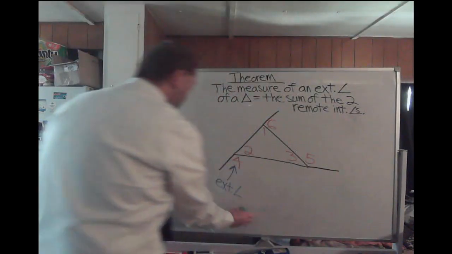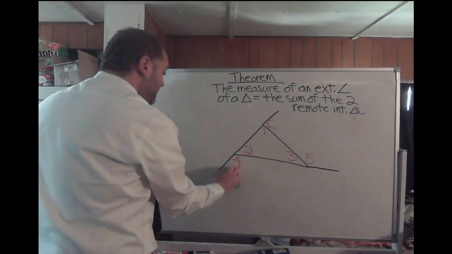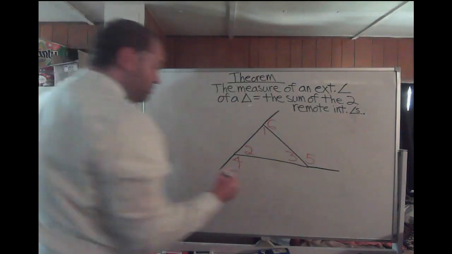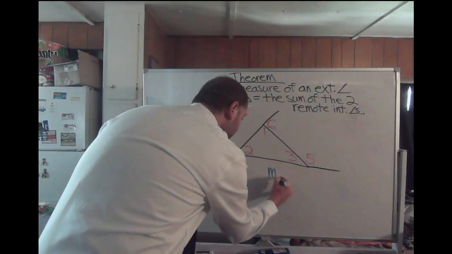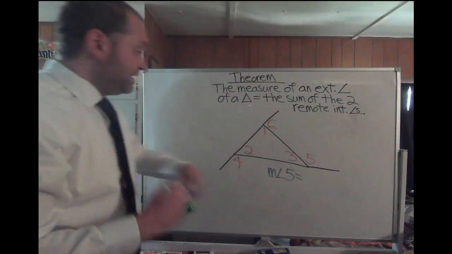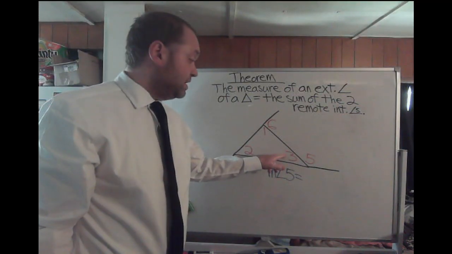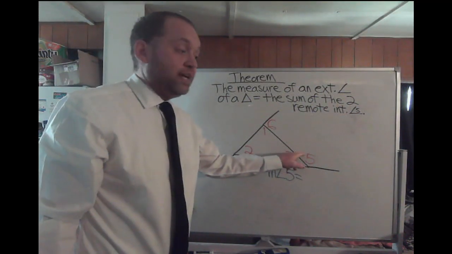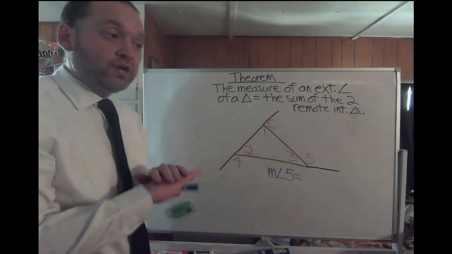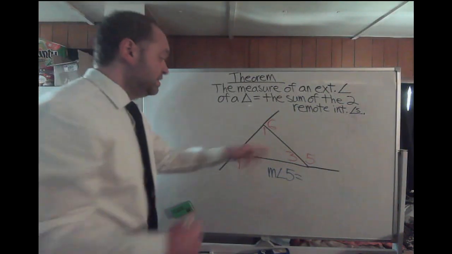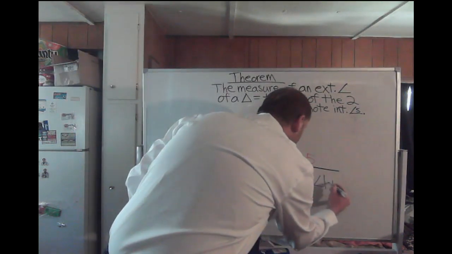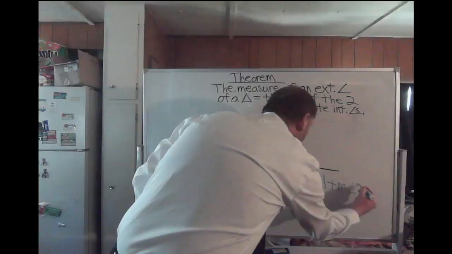Or let's say now I want to find the measure of angle 5. That's an exterior angle you're trying to find. Well, we can't consider angle 3 because that's touching angle 5. That's adjacent to it. We want the two remote interior ones that are not adjacent to it. So the measurements of angle 1 and 2 would give you the measurement of angle 5.